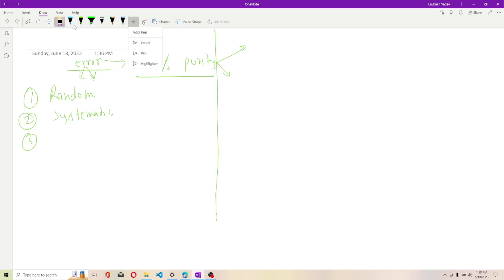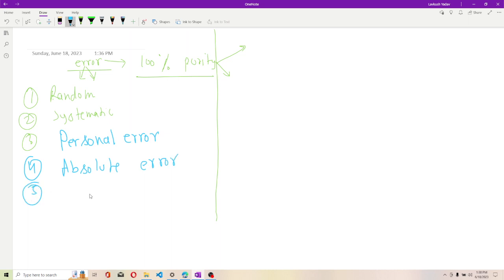So we have personal error, we have partial error, then we have absolute error, then the fifth one is relative error, then the sixth one is percentage error.